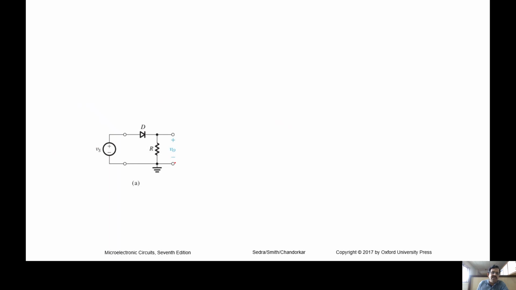Here you can see a half-wave rectifier circuit. Consider a half-wave rectifier circuit, HWR, as shown in the figure.